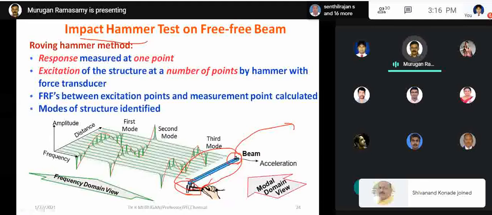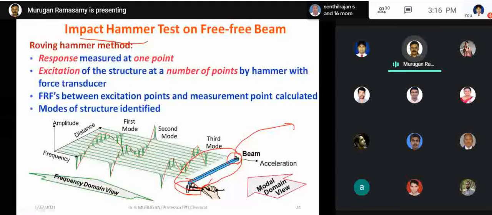We give some excitation to the structure, and we study the dynamic behavior of the structure by using this accelerometer. Why are they using an accelerometer? Because an accelerometer can be used for any low frequency range as well as high frequency range. That is why accelerometers have become very popular. So this is the method. If you want to get the various mode shapes like this, we have to use the roving hammer method or roving accelerometer method.